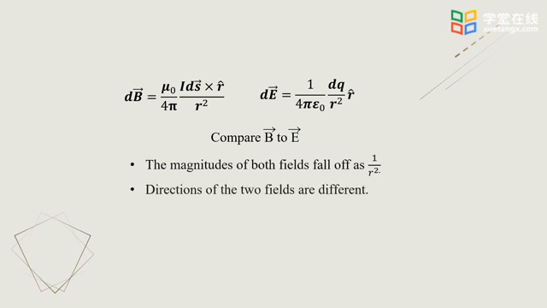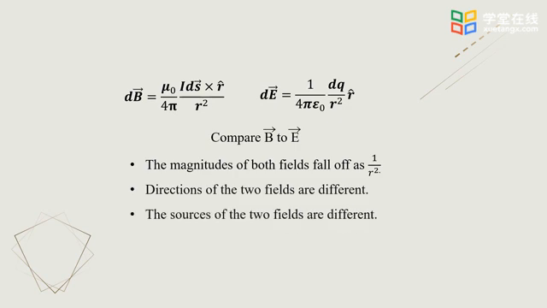However, the directions of the two fields are quite different. The electric field created by a point charge is radial, but the magnetic field created by a current element is perpendicular to both the length element ds and the unit vector r hat.